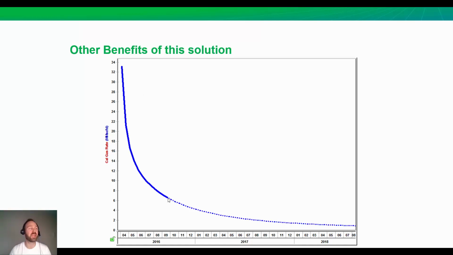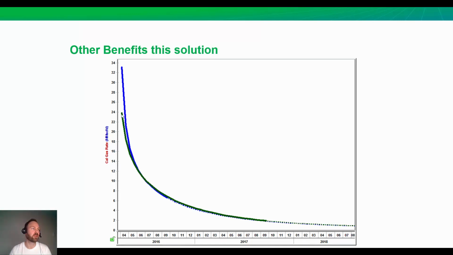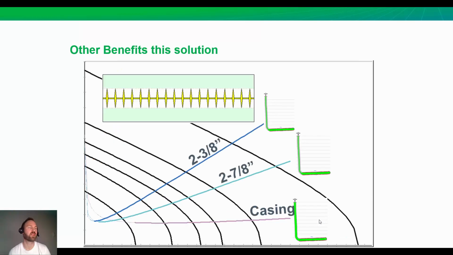This is if we flow up the casing. Or if we install 2 7/8, we get a lower peak rate, but we liquid load later, or 2 3/8, a lower initial rate, but we delay liquid loading the longest. And we can still generate these IPRs using transient reservoir models if we want to, just for illustration purposes to other team members like this.